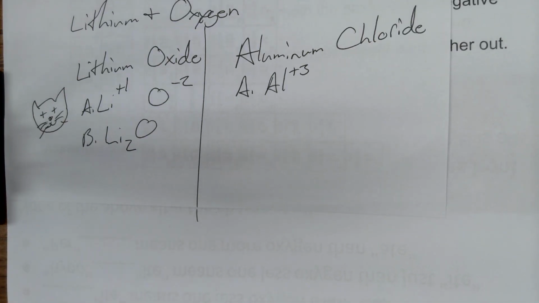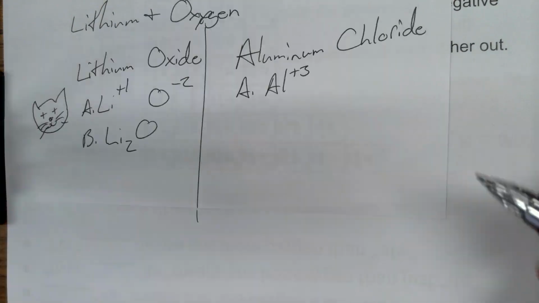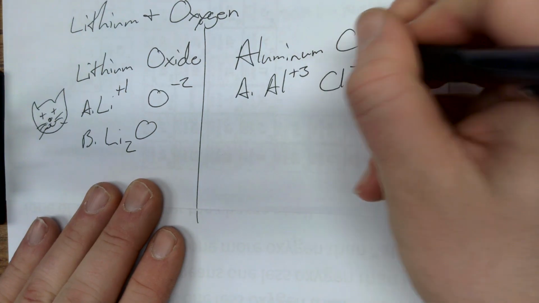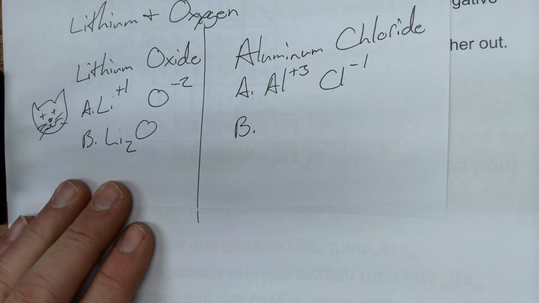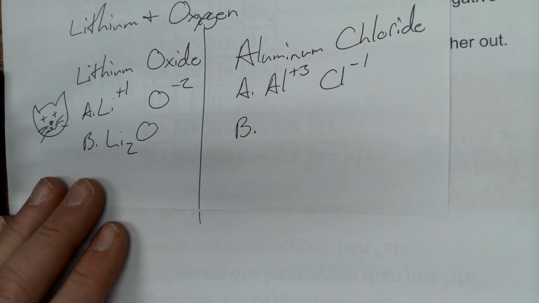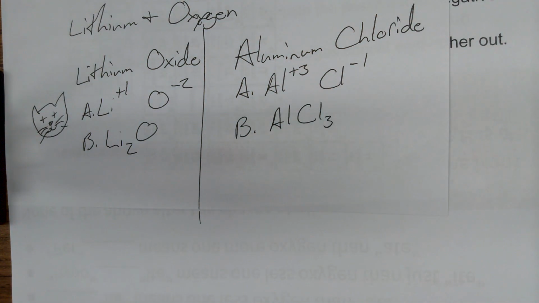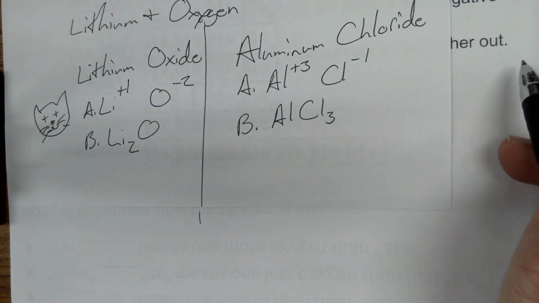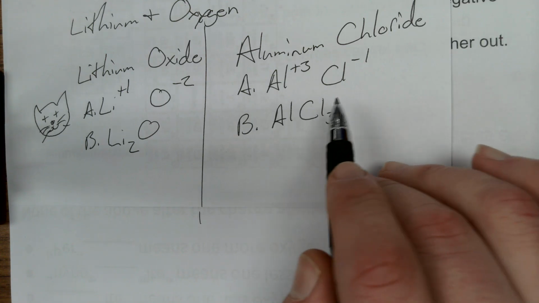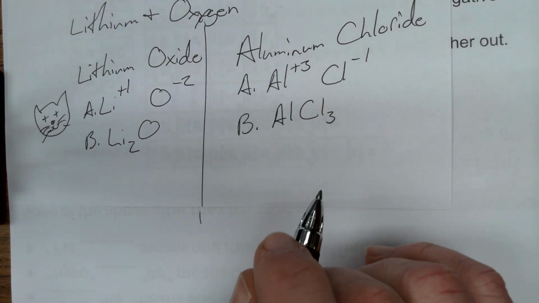Chloride. What's chloride look like to you? Based off my group here, it looks like chlorine, right? What's the anion of chlorine going to be? -1. What's my formula going to be? Not -3, but you're right. AlCl3. Because I have a +3, so 3 minus 1 gives me +2. It means I need to add some more negative charges. I need to add some more anions. I need 3 chlorines to cancel out the +3 charge that aluminum has.